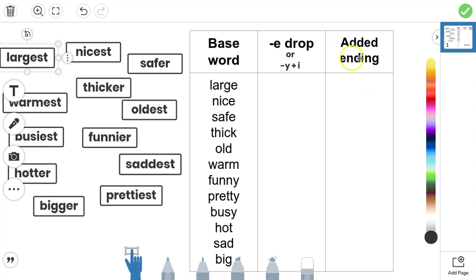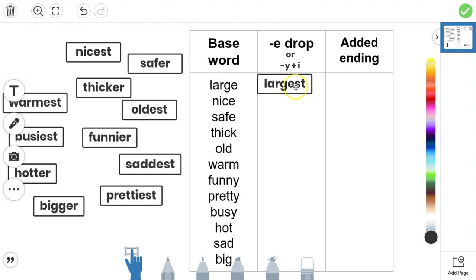You just add your ending, and that would go here in the add ending. So we'll do the first one together here. Largest. So I look at the word large because that's the base word, and I notice it ends with an E. And our rule is if the base word ends with an E, you have to drop the E before adding your ending. So largest would go here in the E drop or Y drop, add an I ending.